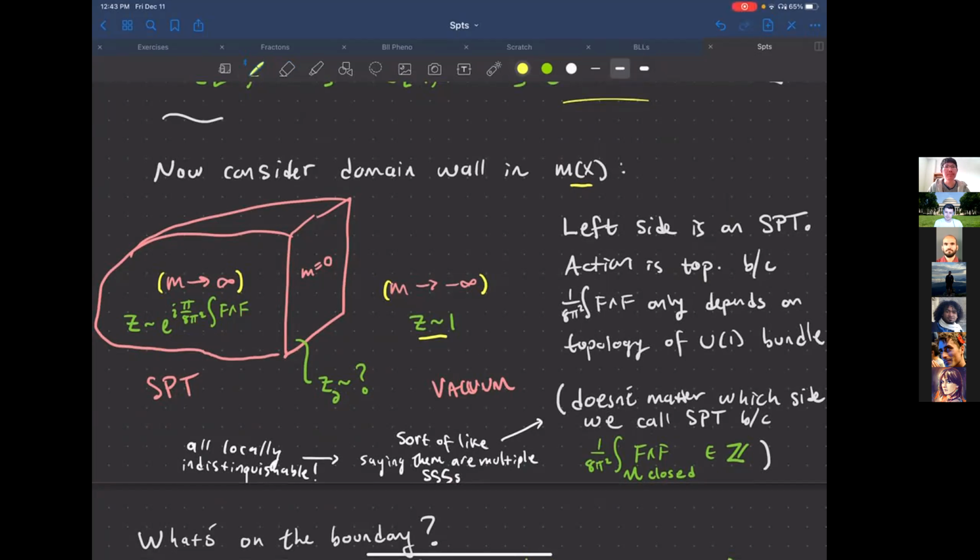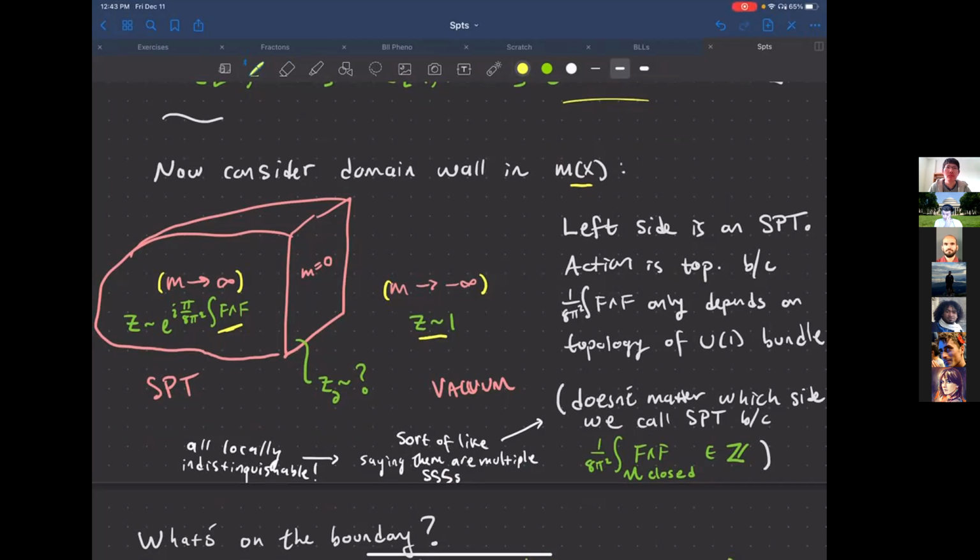Anyway, I'm going to have vacuum over here, and I'm going to have this SPT with this response action over here. This is kind of the picture that I was illustrating earlier.